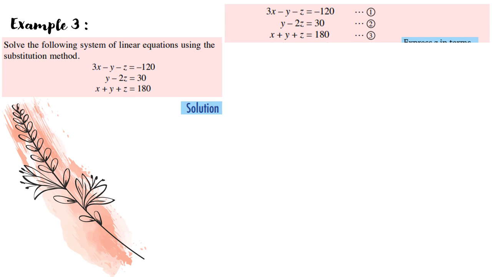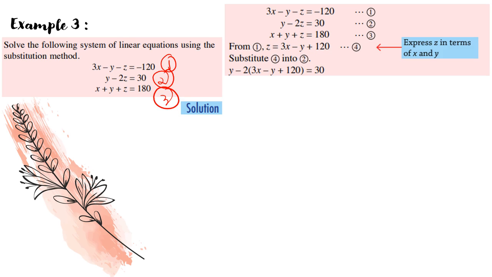So the solution. First, you label these as equation number 1, equation number 2, and equation number 3. And then for equation number 1, since on the left hand side you have all 3 variables, you have to make one of the variables the subject.